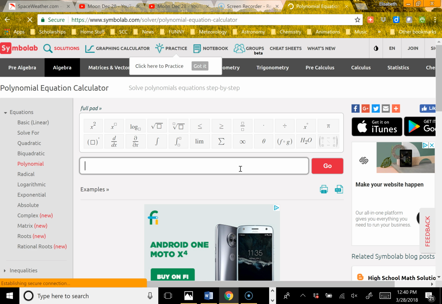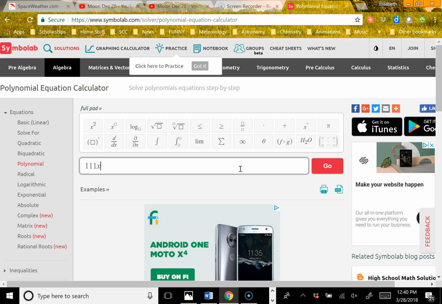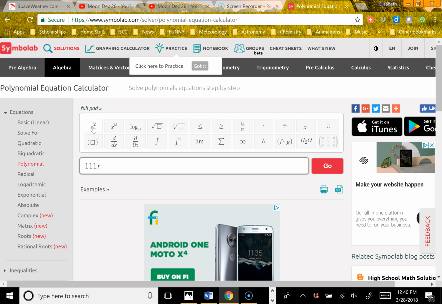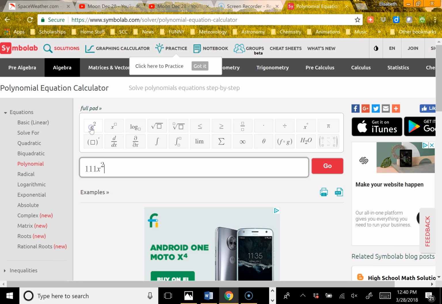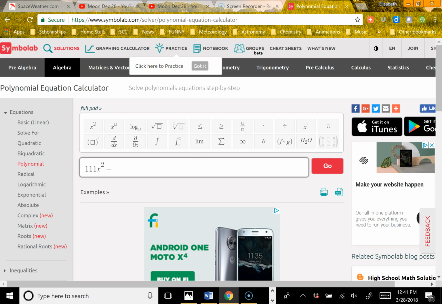So tell me in standard form what was that first one. So it was 111x squared minus 345x plus 2 is equal to 0.